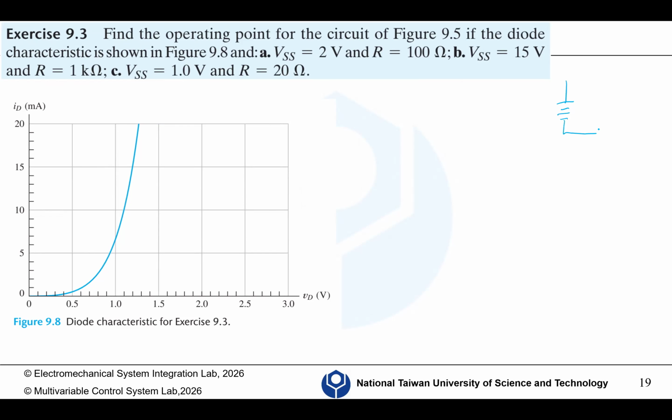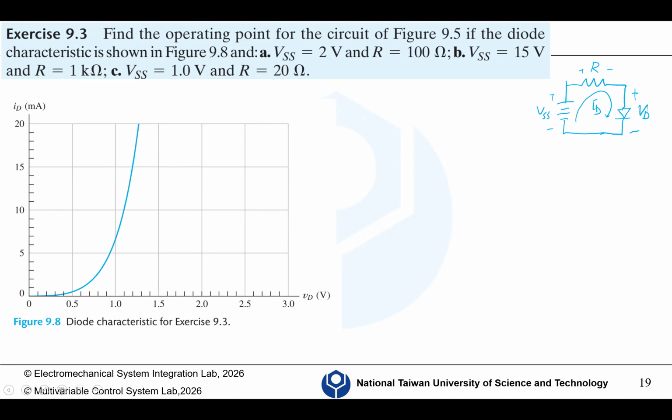So let me draw it really quickly here because they are the same. VSS, positive, negative. This is R, this is ID, this is VD. So this is the same very simple circuit.